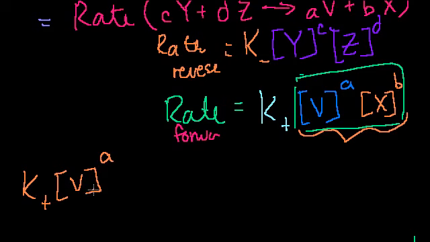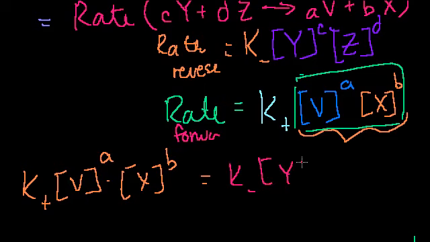But what's the probability of finding A V molecules in some volume? It's the concentration of V to the A power times the concentration of X to the B power. That's the forward reaction, and that has to equal the reverse reaction. So K minus times the concentration of Y to the C power times the concentration of Z to the D power.